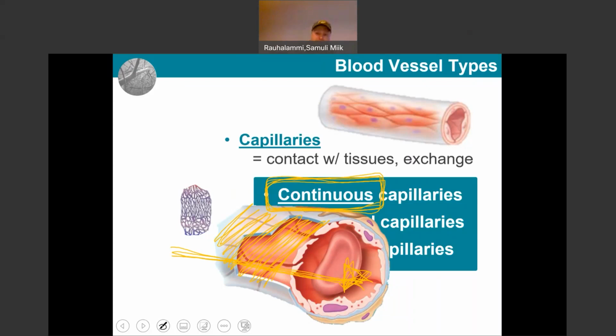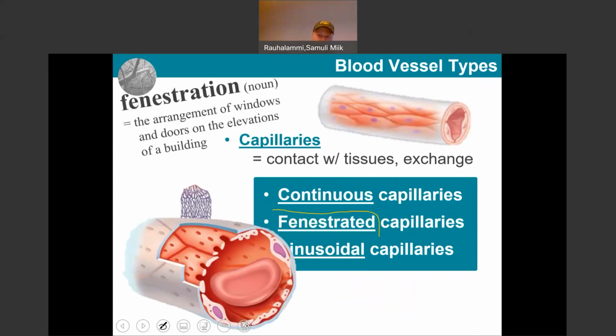The next one differs a little bit from that. We call this next example fenestrated capillary. As you'll see, these fenestrated capillaries have holes in their wall. You can describe them looking a little bit like Swiss cheese if you wish. And interestingly, as you know already, since you've spent some time this semester with me in a class, I love languages and I love trying to understand where the names come from.